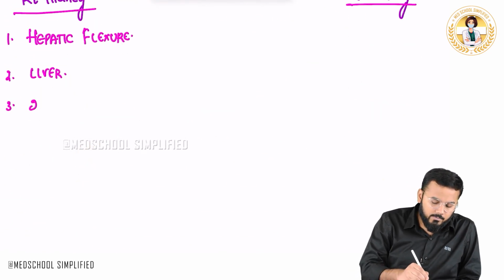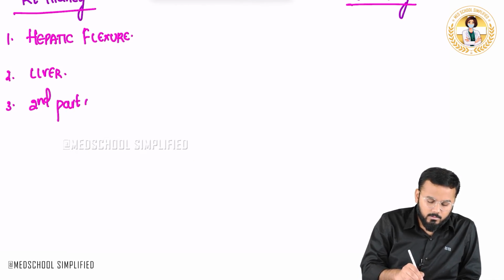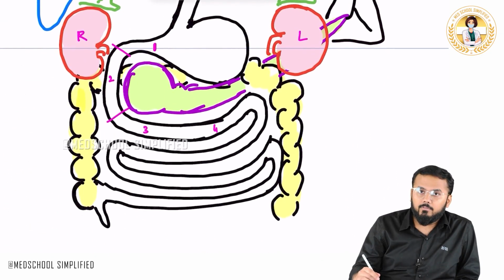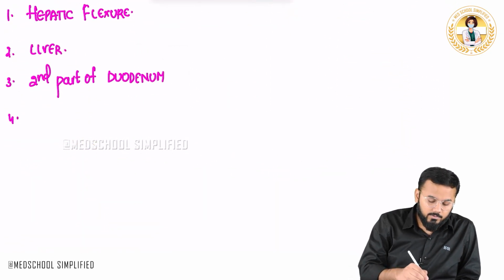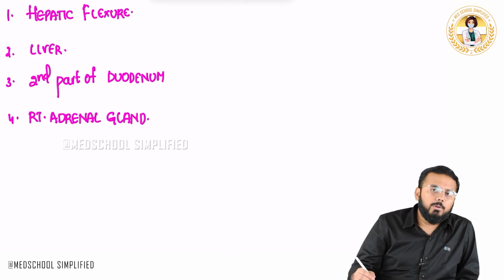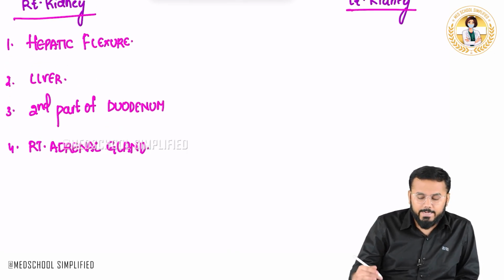The second part of the duodenum. The fourth important thing, obviously on top of the right kidney we have the right adrenal gland. So these are the four important relations of your right kidney.